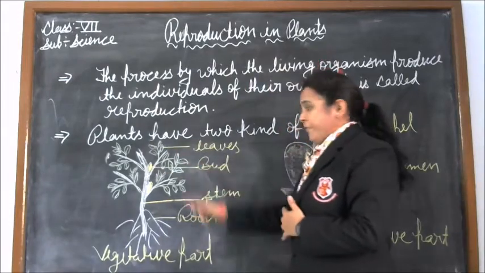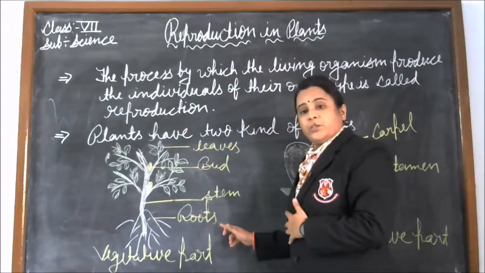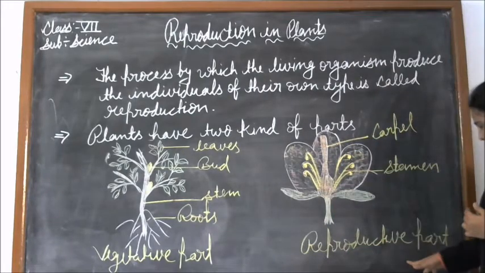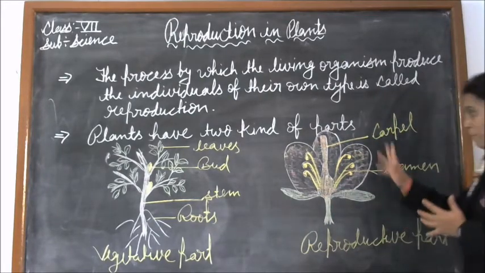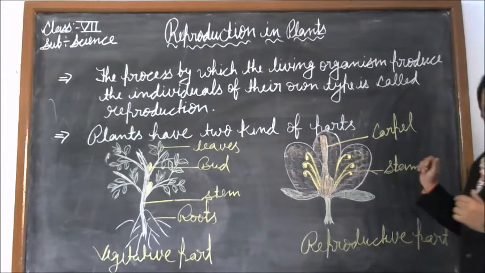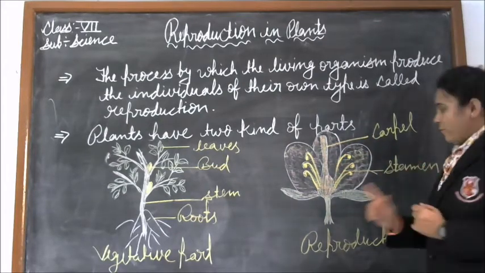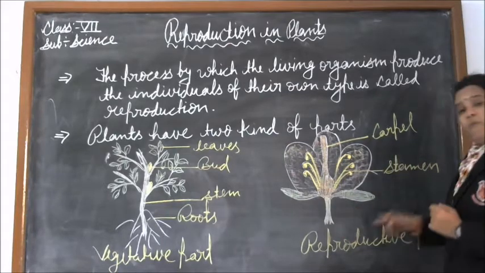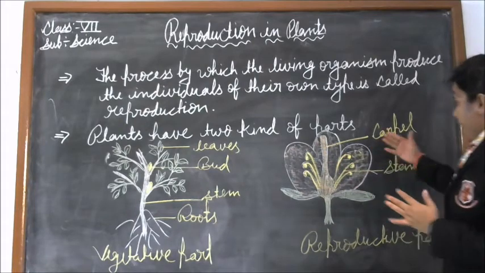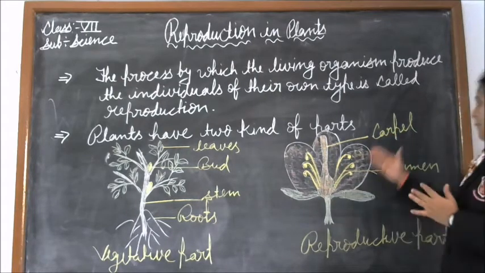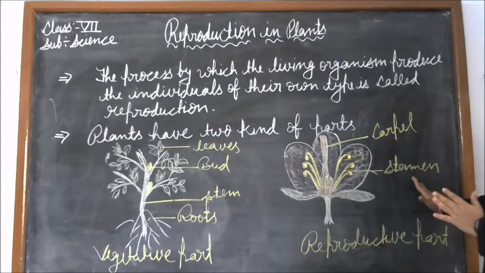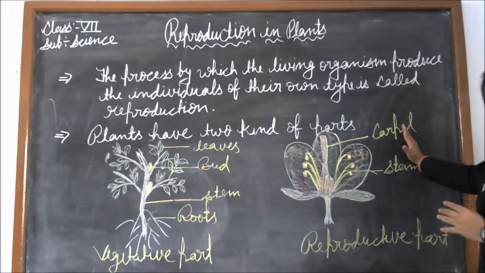These parts are involved in asexual reproduction. And next, the reproductive part. Student, the reproductive part of a plant is the flower. A flower has male and female parts. The male part is the stamen and the female part is the carpel.